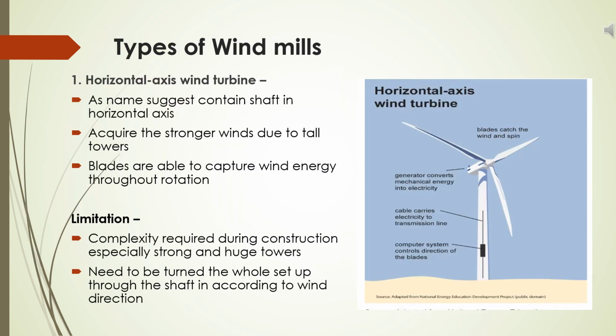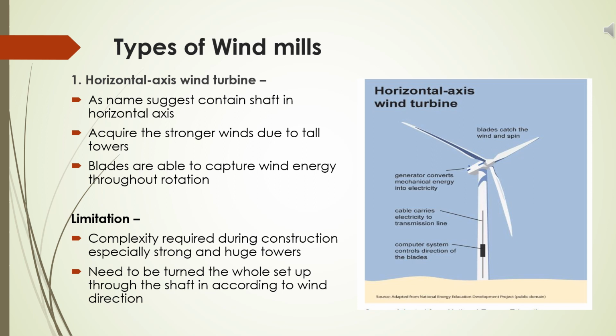Now we will discuss the types of windmills. So basically there are two types of wind turbine. The first one is horizontal axis wind turbine and the second one is vertical axis wind turbine. So starting with the horizontal axis wind turbine. As the name suggests, it contains a shaft in the horizontal axis, means parallel to the ground.